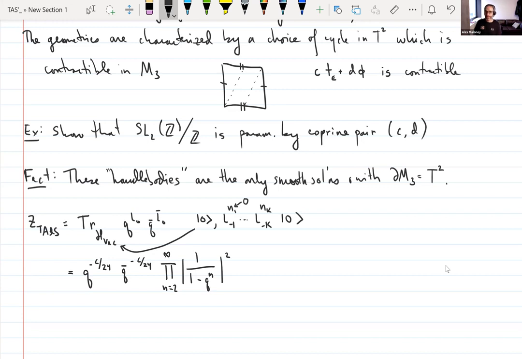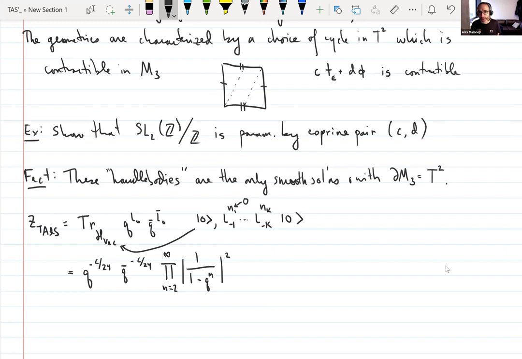Okay. So let's stare at this for a second, and let's remember what this is supposed to be. This is supposed to be the contribution to the path integral coming from geometries that are thermal AdS or nearly thermal AdS.